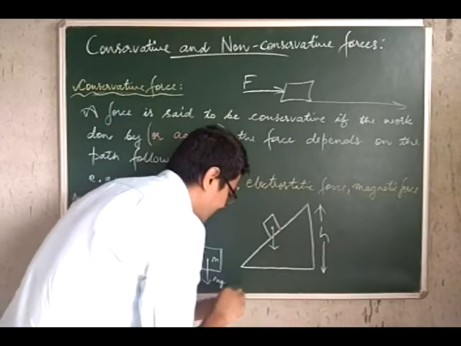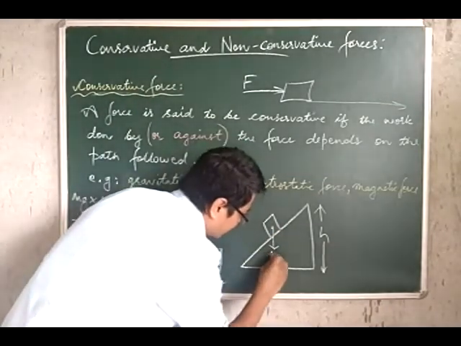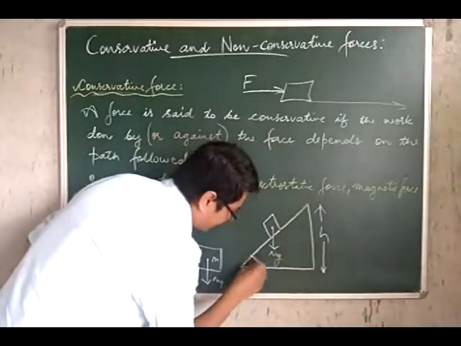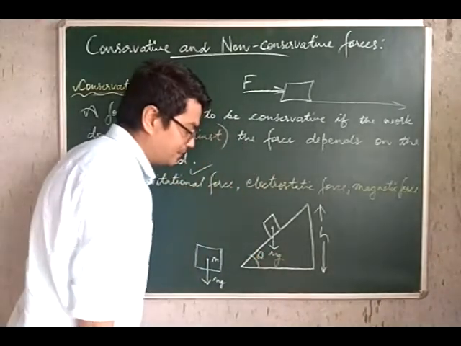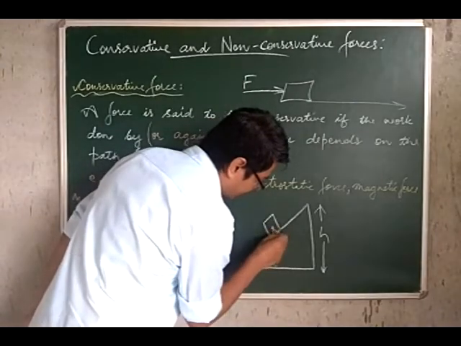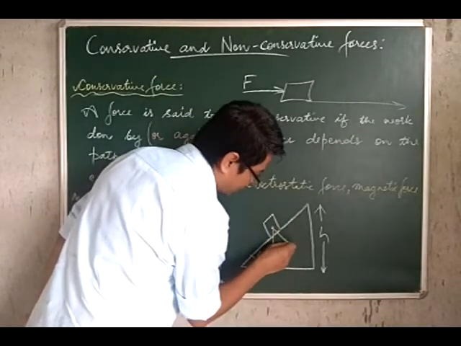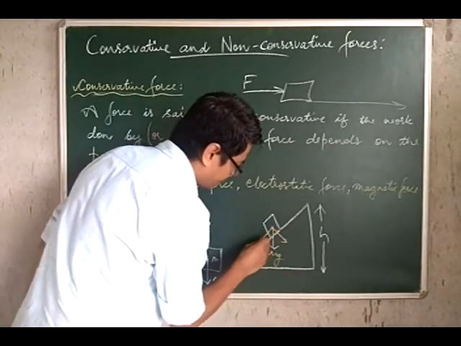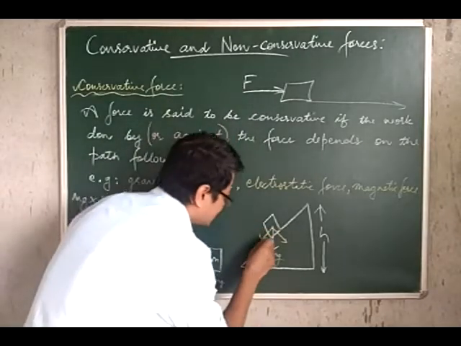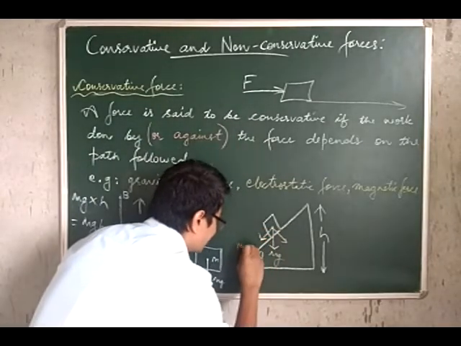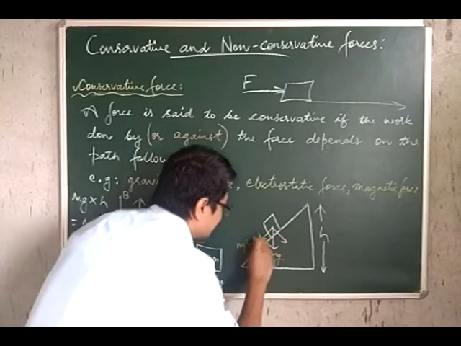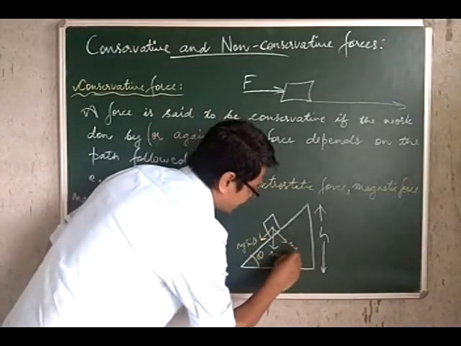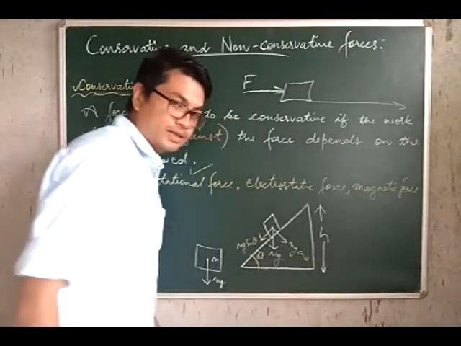So its weight mg is acting vertically downward, and if the angle of inclination is theta, then we can resolve this weight mg into two mutually perpendicular components. We have done this so many times. This component is mg sine theta, and this component is mg cos theta.